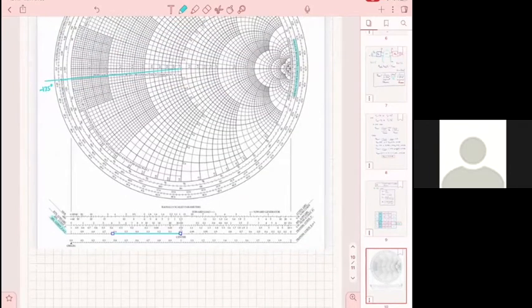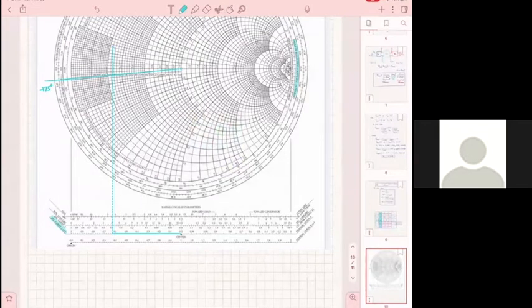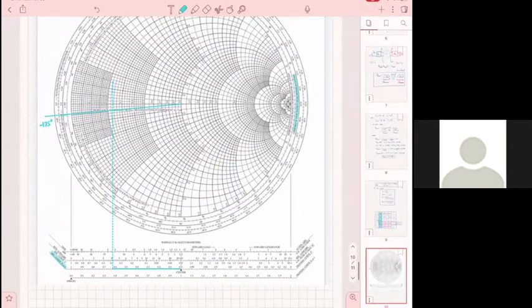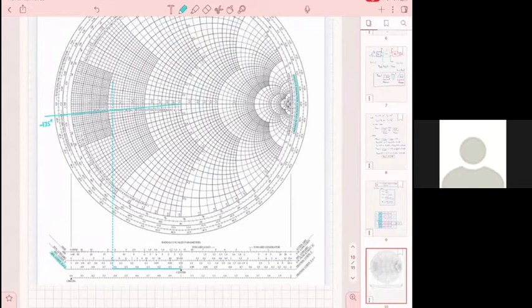And then I'm going to draw from there a vertical line. And there I'm going to draw a circle that goes from this point here. The circle will have a center at the center of the Smith chart, and it's going to go through this point here.